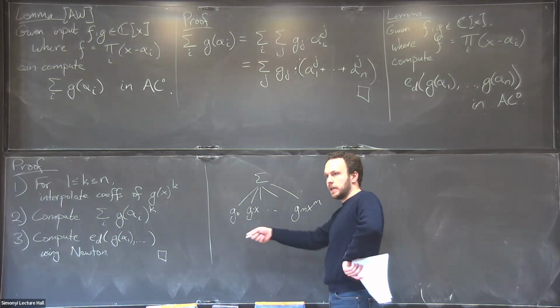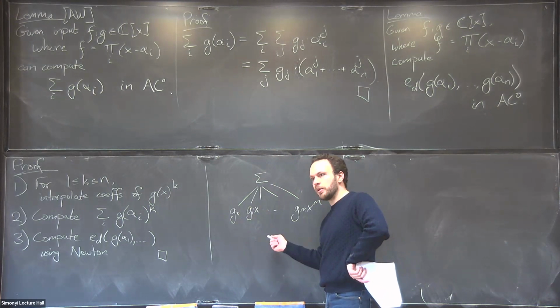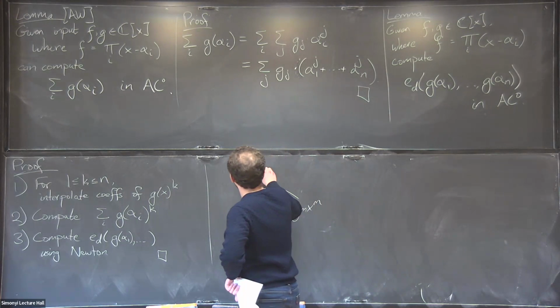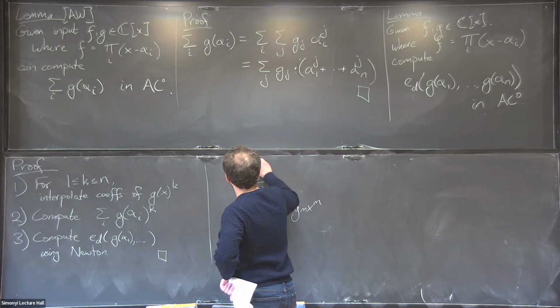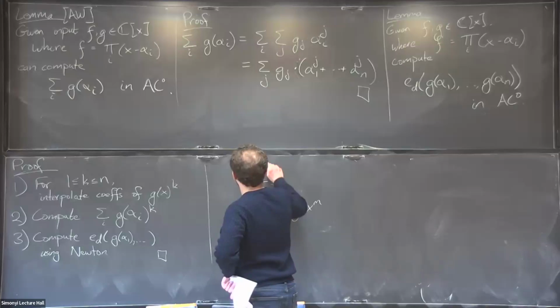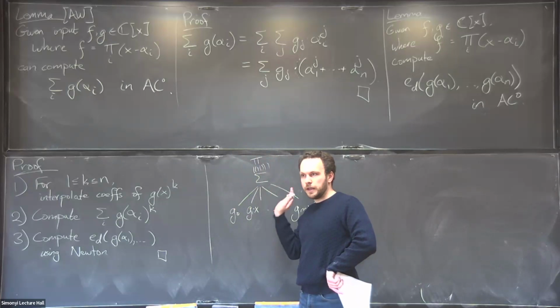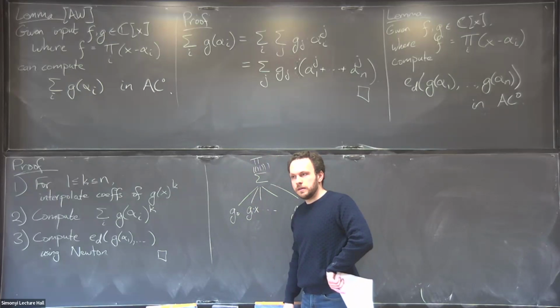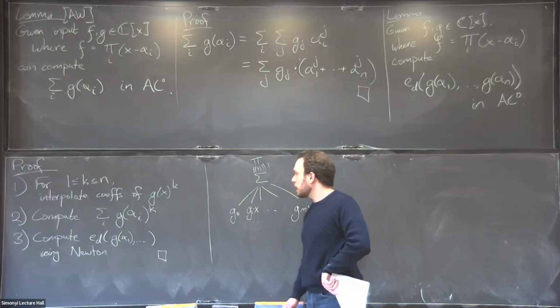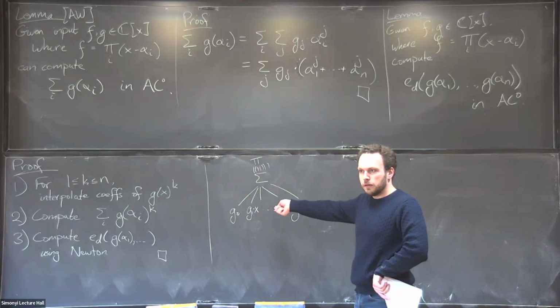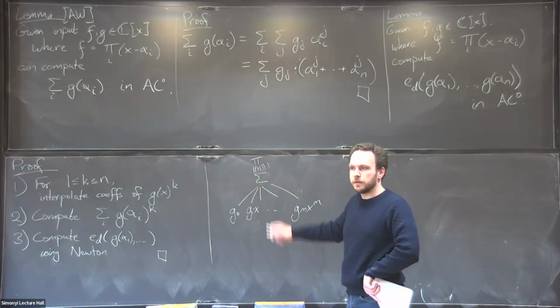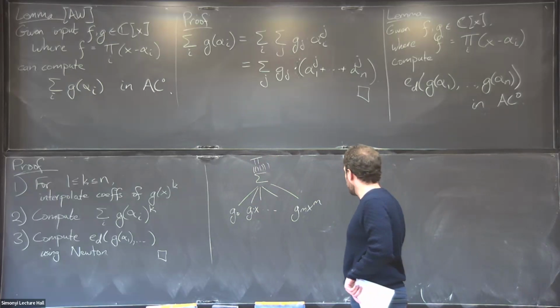So I can certainly evaluate g at any point I like. And now I feed this into a product gate with very high fan-in, fan-in k. It's not that you only have unbounded fan-in, you can also have large fan-in. So this computes g to the k, and now I interpolate using this circuit. Is that clear? Okay, great.